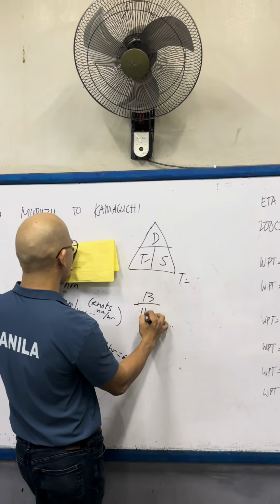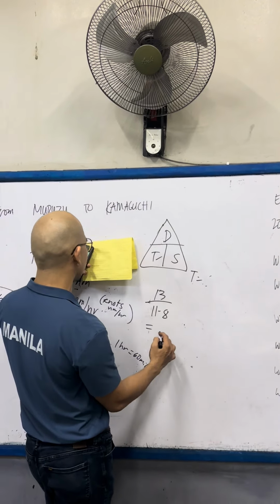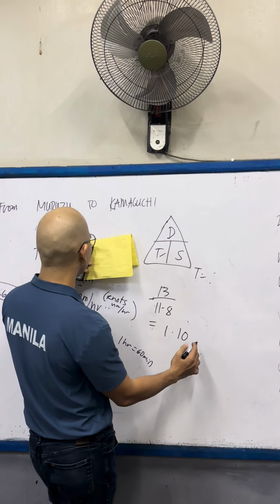For the last waypoint, same thing. 13 divided by 11.8, the answer is 1.10.